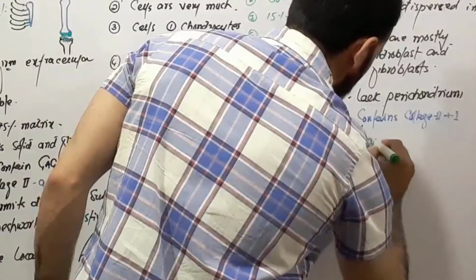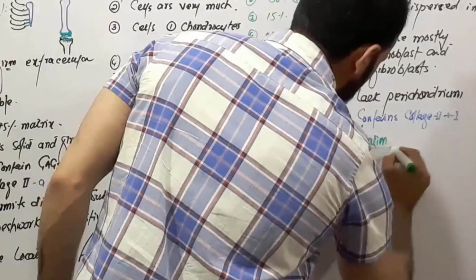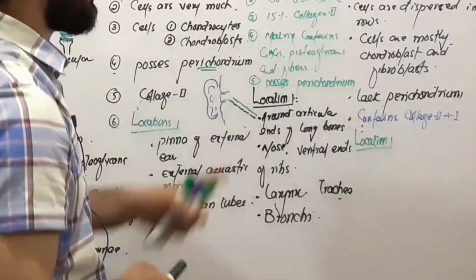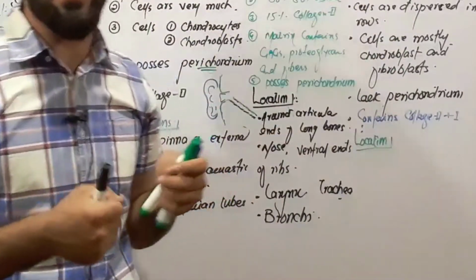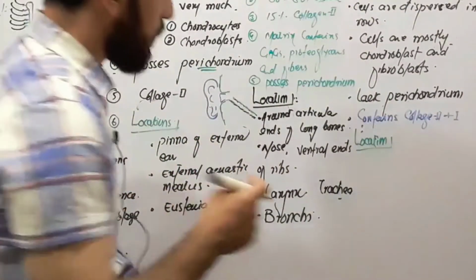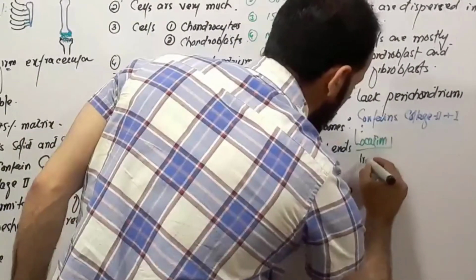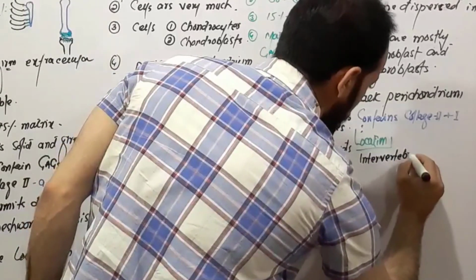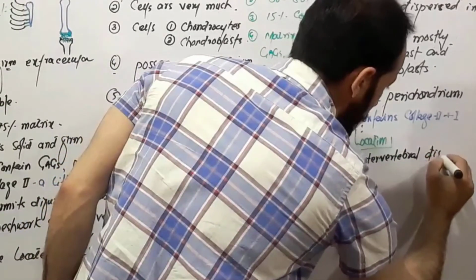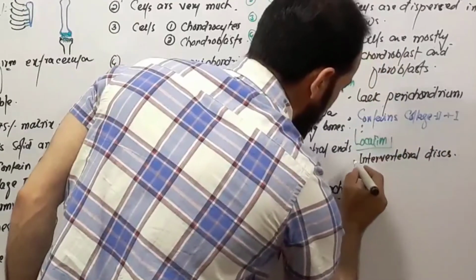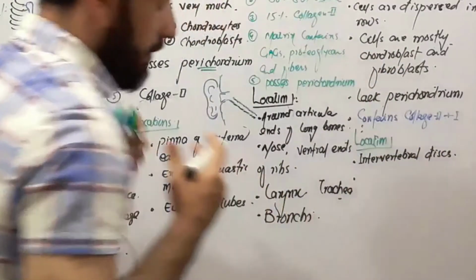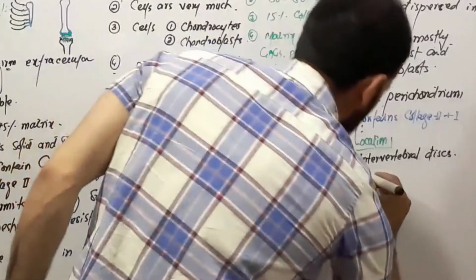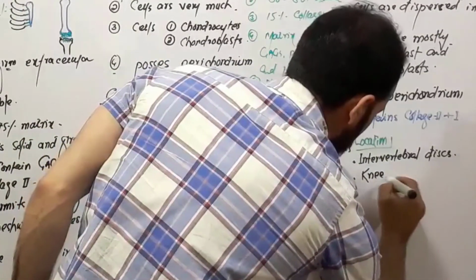Okay, then what are their locations? In which parts of the body are fibrocartilages located? They are located in very important parts of the body. For example, they are located in intervertebral discs, right? Then they are located in certain important joints. For example, in the knee joint they are found.